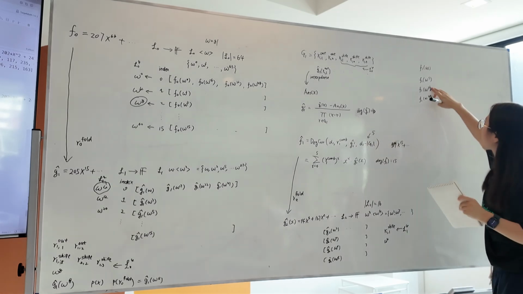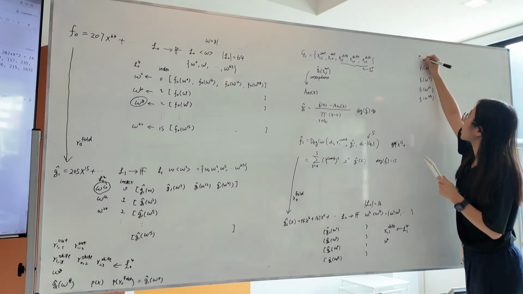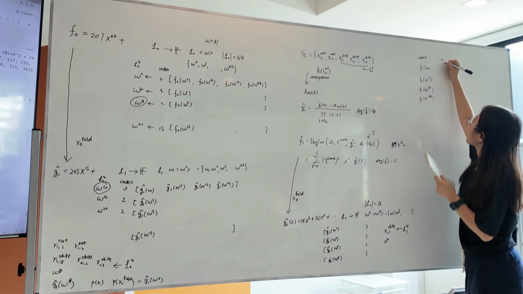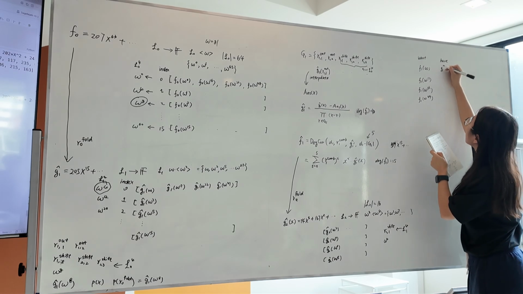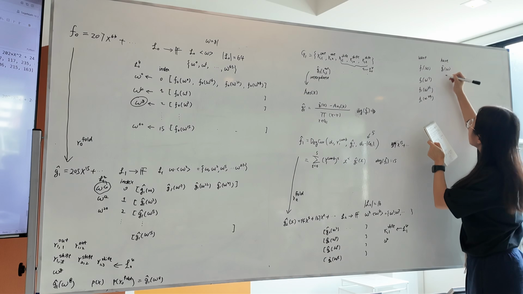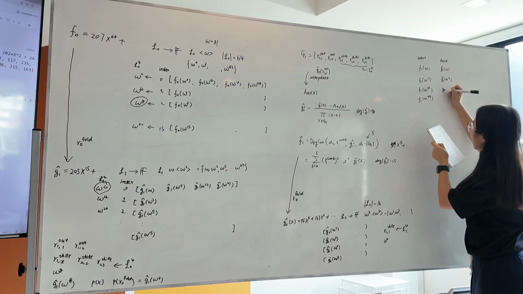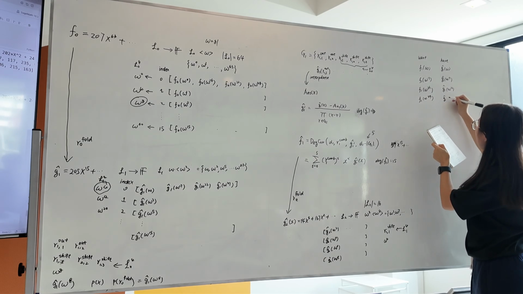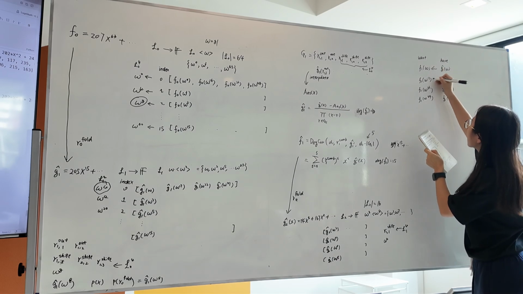How can he calculate these 4 values? This is what we want to get, but we only have this. So how can we get this?